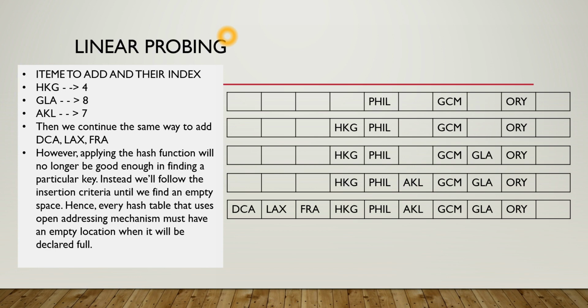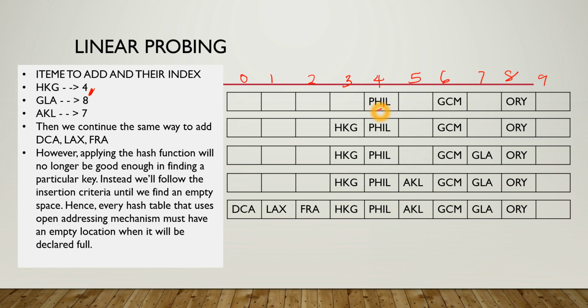Now look at it. We have this to implement, and we noted that HKG evaluates to index position 4. So we have 0, 1, 2, 3, 4, 5, 6, 7, 8, and 9. We come to index position 4 and note that PHL is already in this position.